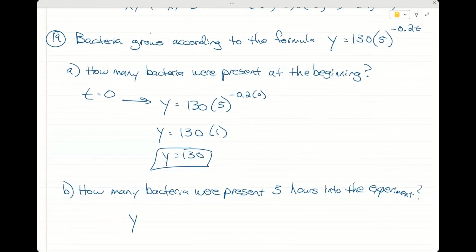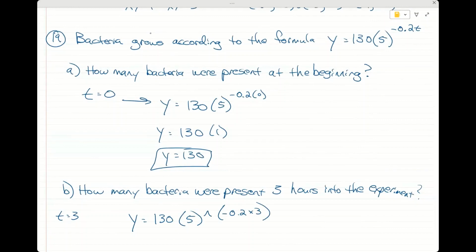So we get y is equal to, if t is equal to 3, 130 times 5, and in our calculator, okay, so 130 times 5 to the power, and then we're going to put negative 0.2 times 3.